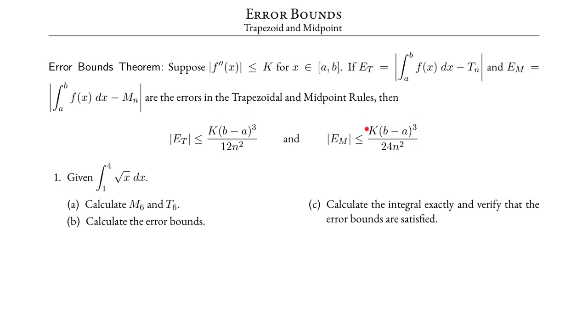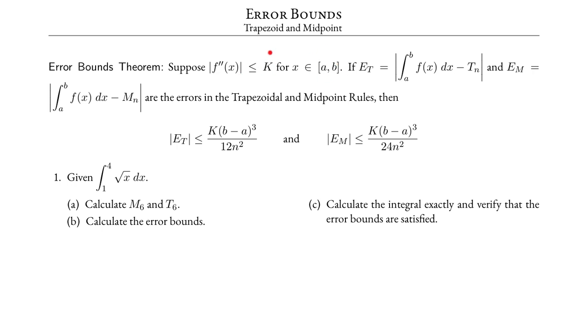The constant k in the theorem is the upper bound of the absolute value of the second derivative. This absolute value of the second derivative is a function, thus k is the extreme value of this function in the interval a, b.